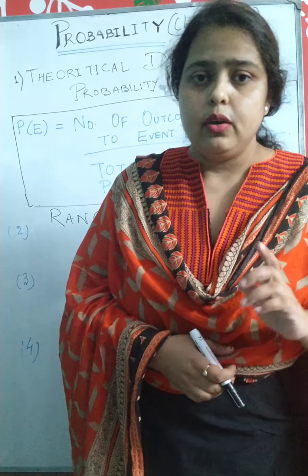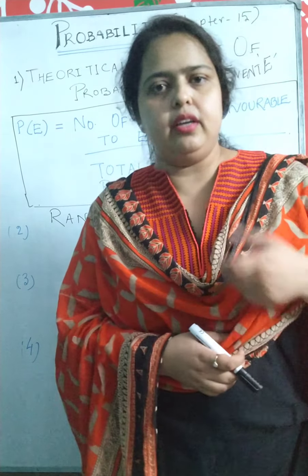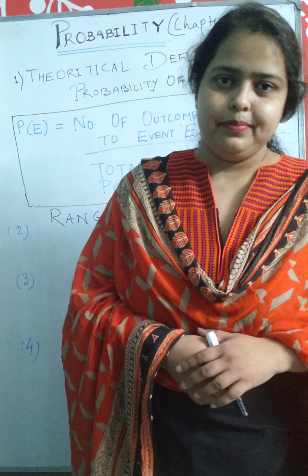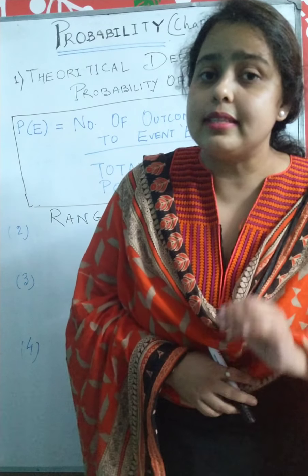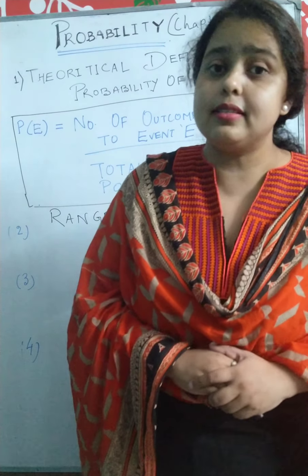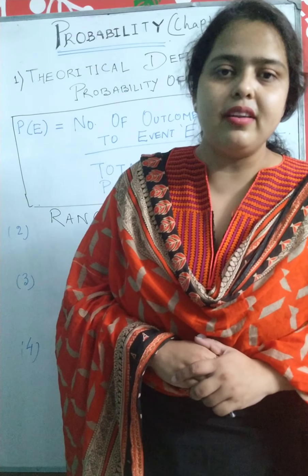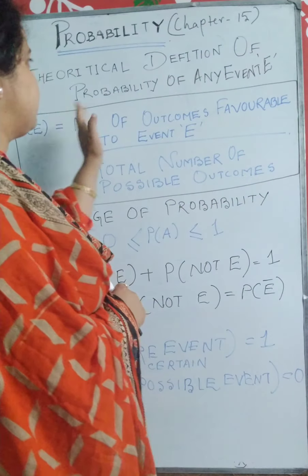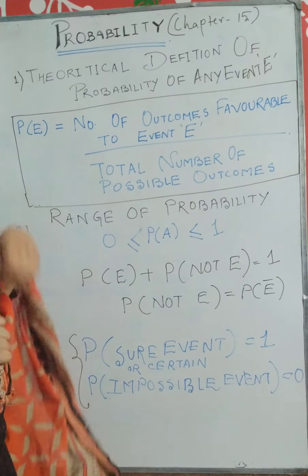But what is actually going to happen in future after rolling or tossing or drawing or picking is not known to us. Fine. So this type of experiment, this type of activity, is known as random. Random activities, random experiments. And we are, children, interested in calculating the probability of such things.